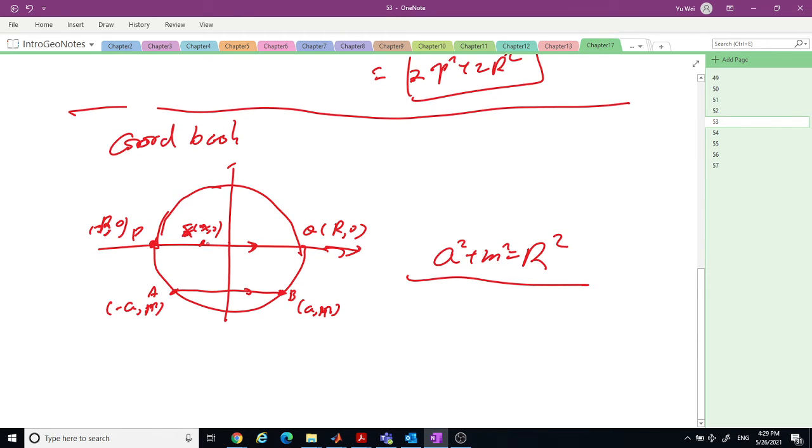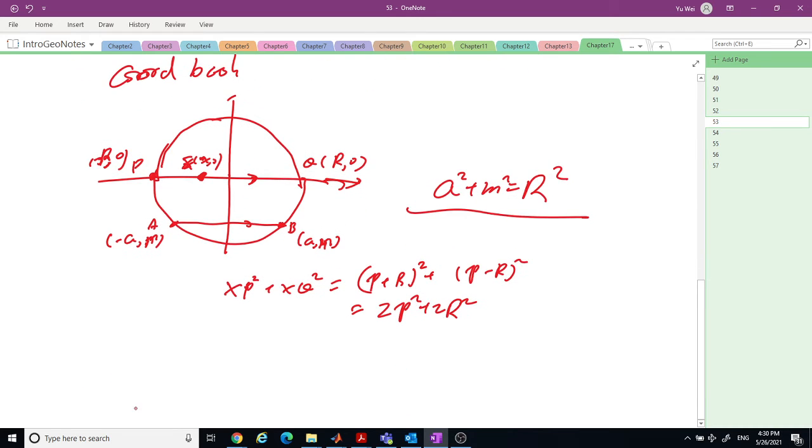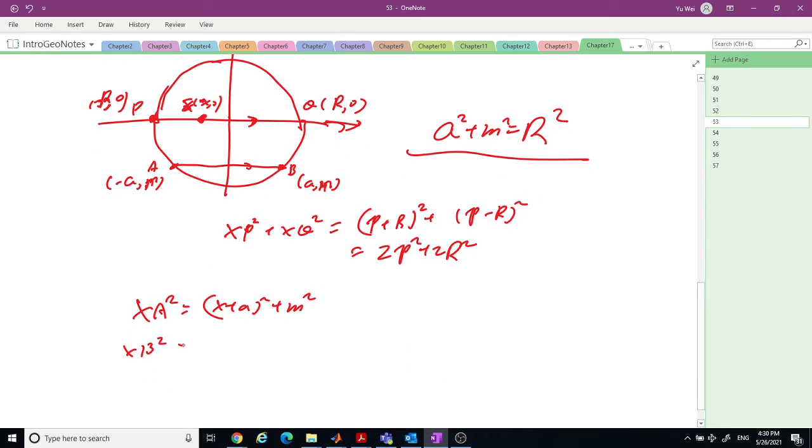Okay, so now let's calculate XP square plus XQ square is equal to (P plus R) bracket square plus (P minus R) bracket square, which is 2P square plus 2R square.